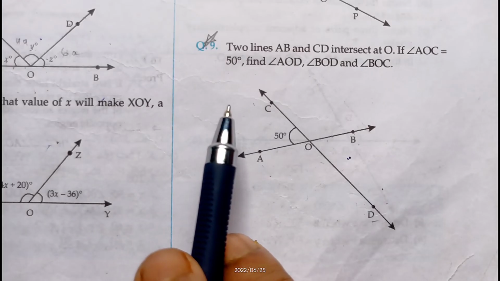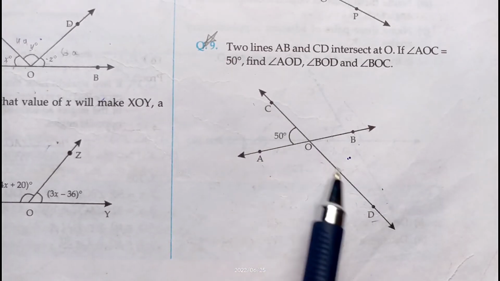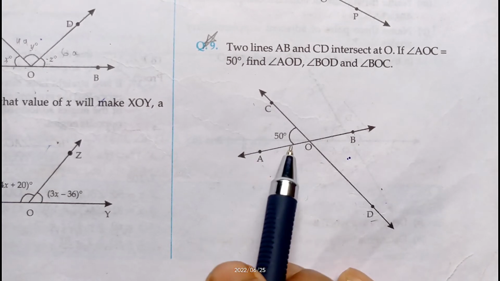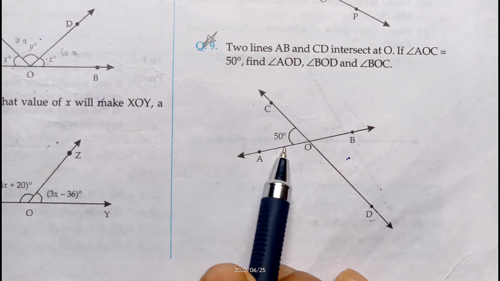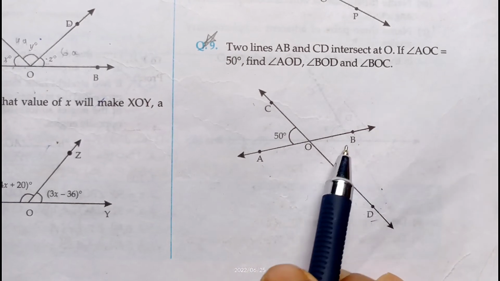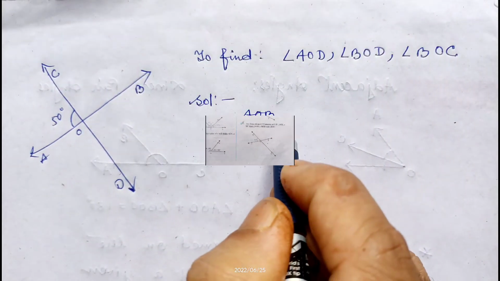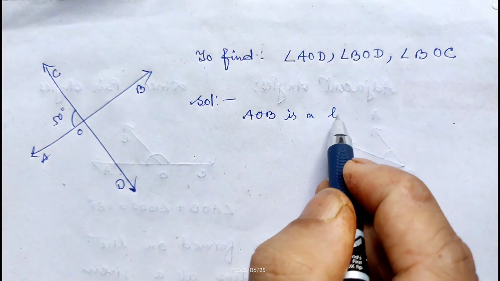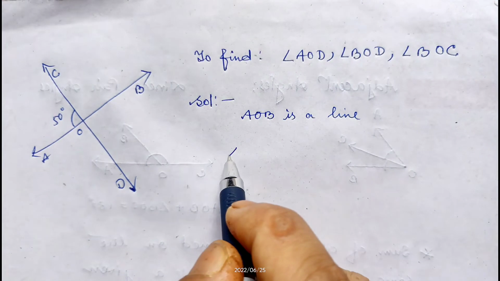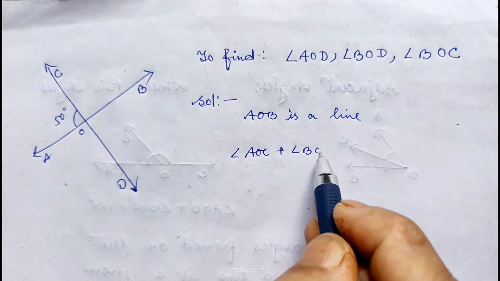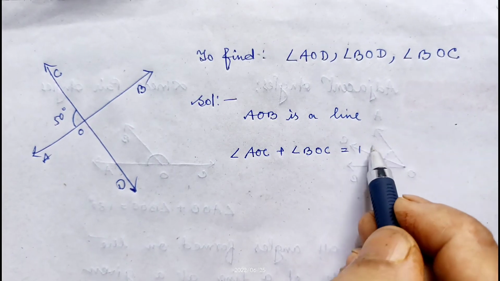In question number 9, it is given two lines AB and CD intersect each other at O. Here angle AOC is 50 degree. We have to find angle AOD, BOD and angle BOC. Here AOB is a line. Therefore angle AOC plus angle BOC, the sum of these two angles, will be 180 degree.